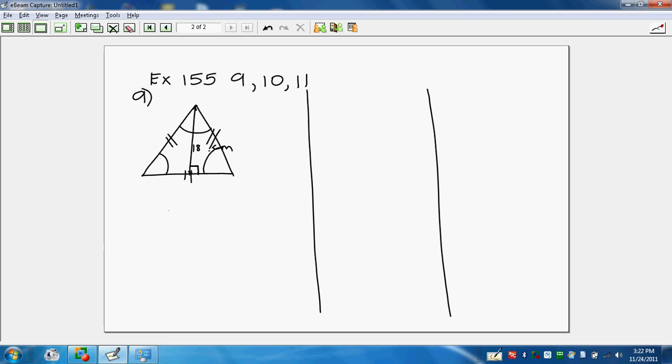So how are we going to find the length of the equal sides?